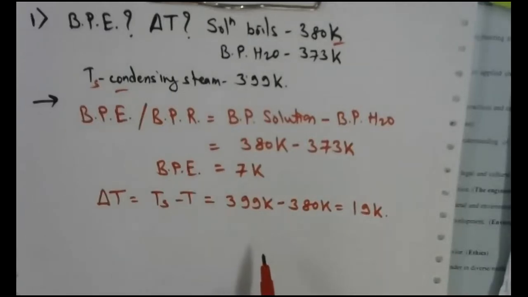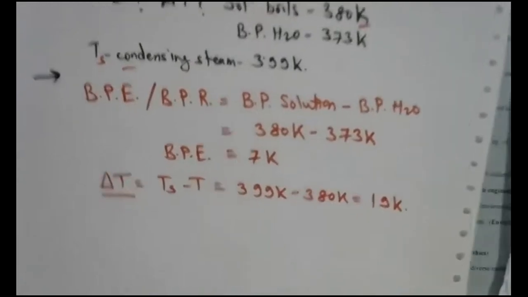So the process depends on this temperature difference between the saturation or steam temperature and the temperature of the solution. That is why it is denoted by the driving force or delta T. So this is a simple numerical in the evaporation process.